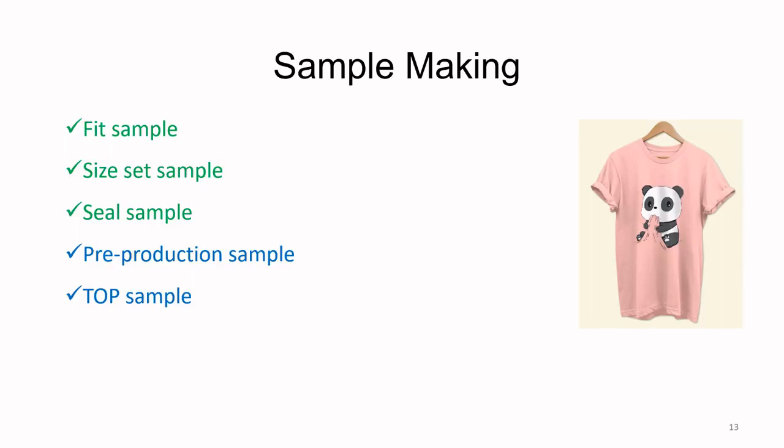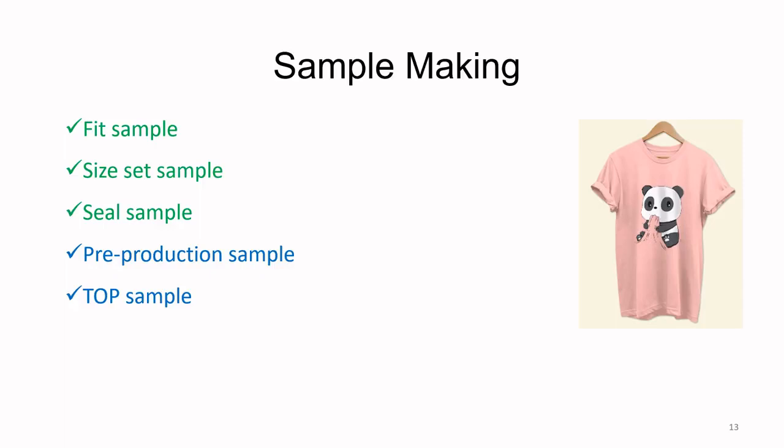So that sealed sample is what is handed over to the production team, and the production team follows the sealed sample to the T, meaning to say that for them, the sealed sample is the final sample. They have to follow that sample accordingly. Then we have the pre-production sample.